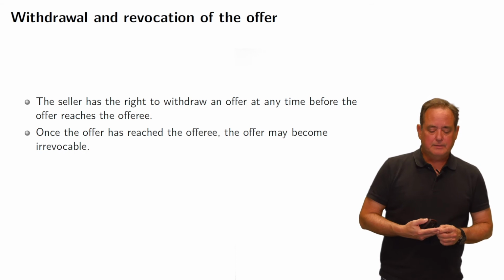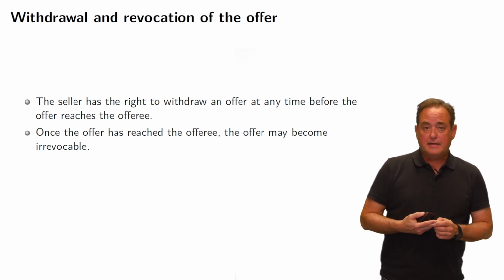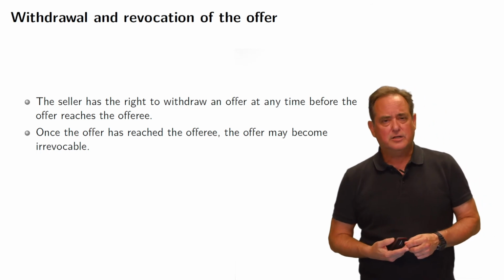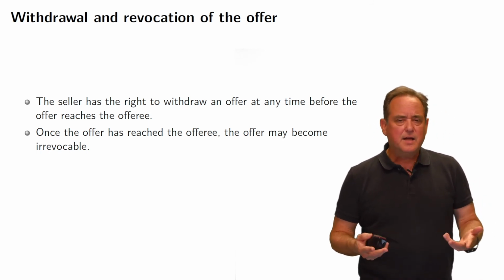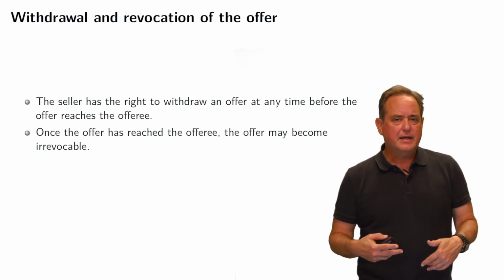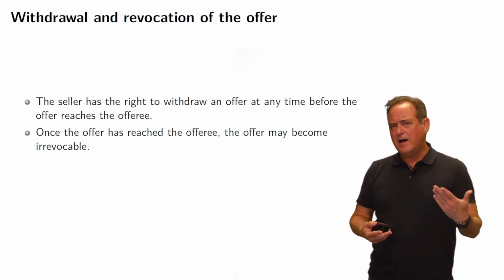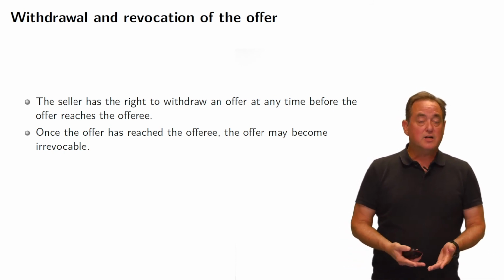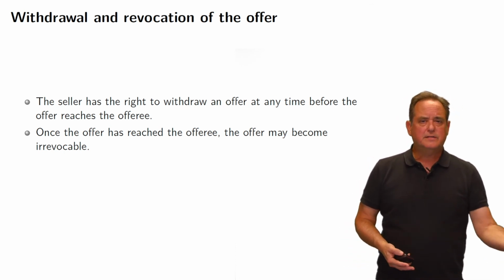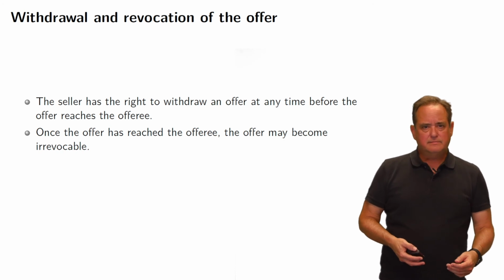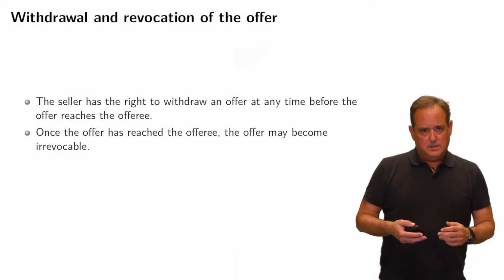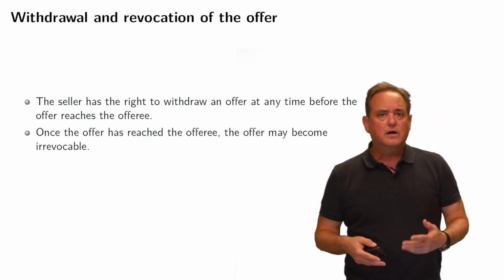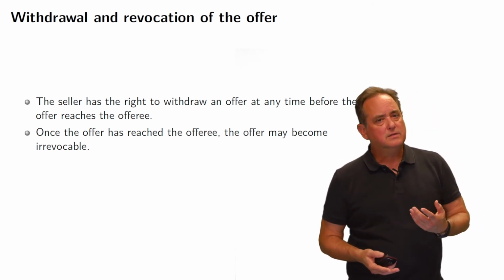So if I send an offer offering to sell you a good for $500 and you get it, anytime before acceptance, I can withdraw that. Even if I say, look, I'll offer to sell the computer for $500 and I'll leave that offer open until Friday afternoon at 5 p.m., if on Thursday morning I decide to withdraw that offer, under the common law, I can.